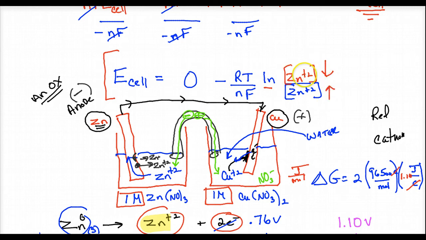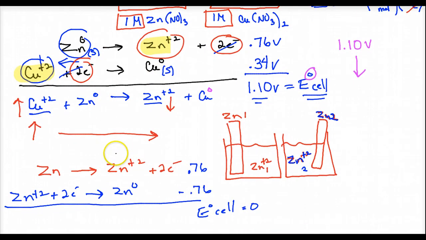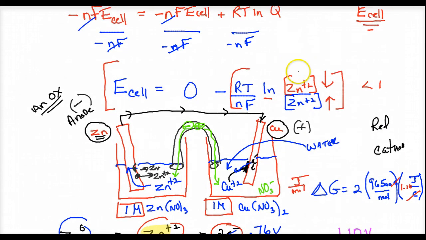If I make this smaller than the blue, this becomes less than 1, and a log of something less than 1 becomes a negative expression. So if somehow I have a smaller concentration of zinc plus 2 and a higher concentration of this zinc plus 2 blue, that would cause my reaction to go forward. Greater number of reactants, and I lower the products, I'm going to shift the reaction forward, Le Chatelier's principle. And depending upon what this reaction is, how much lower would give you some voltage.